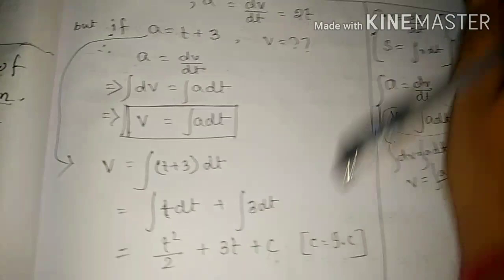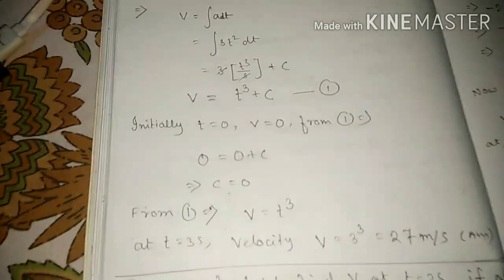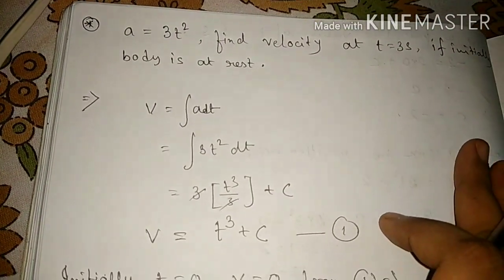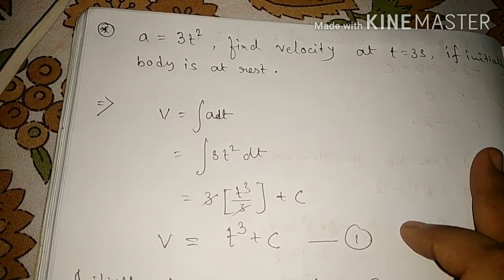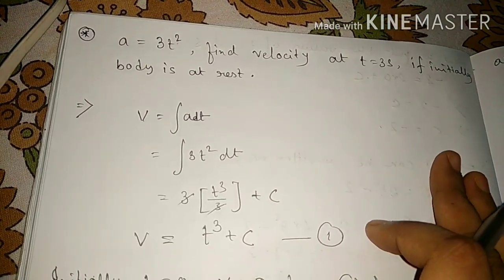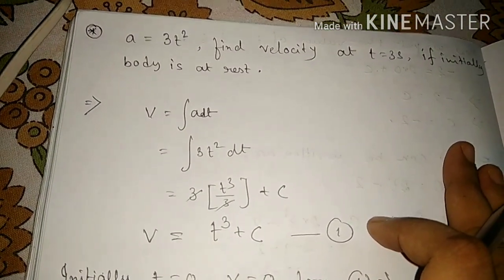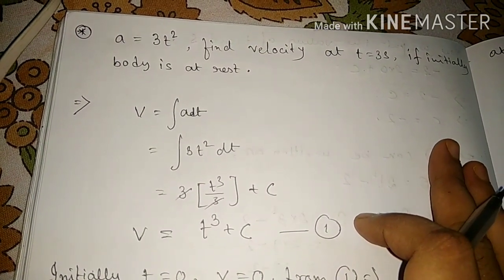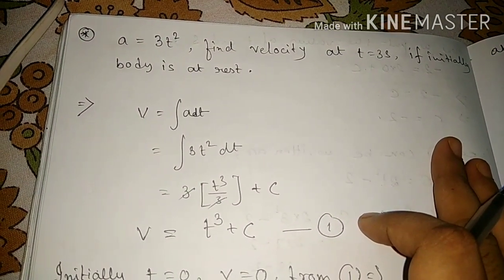Understood? Now let's take another example related to this. The acceleration is given as 3t square. Find velocity at t equals 3 seconds if initially the body is at rest. First of all, we check whether any limit is given or not.